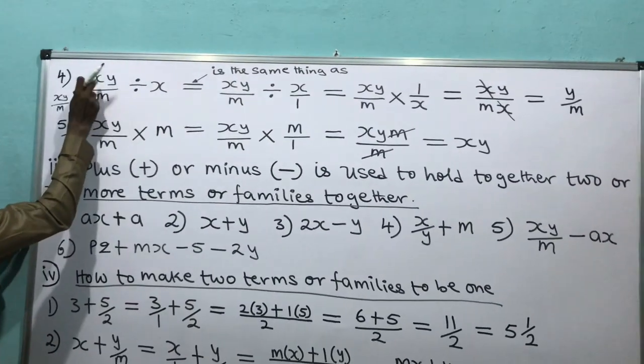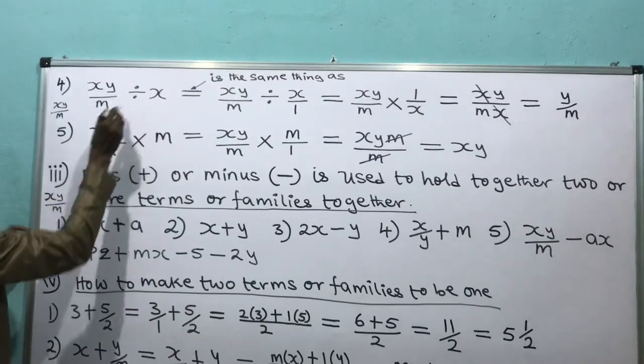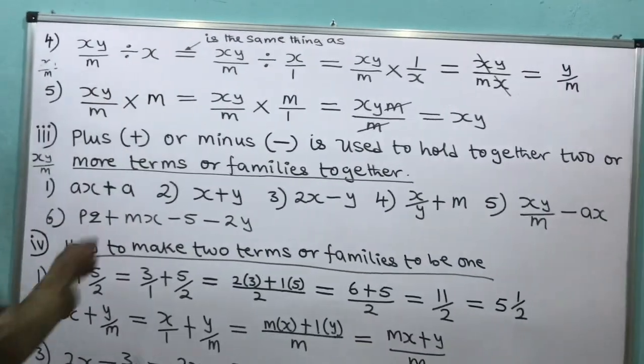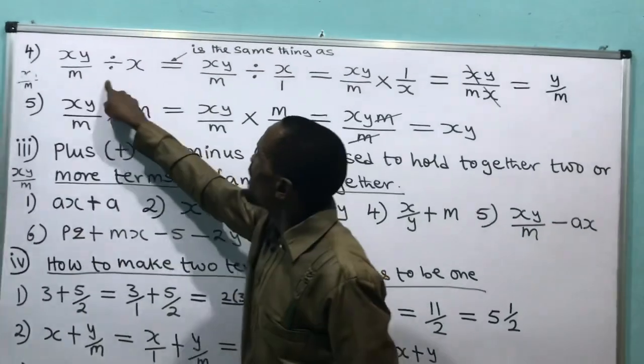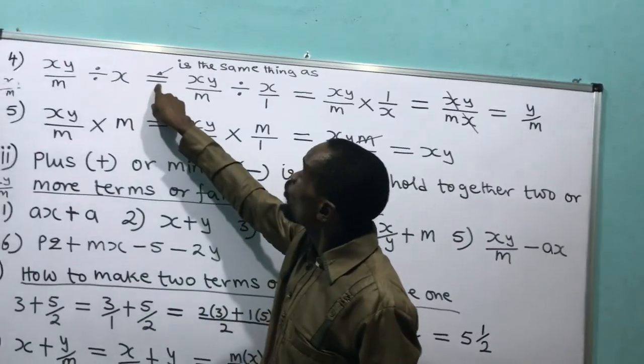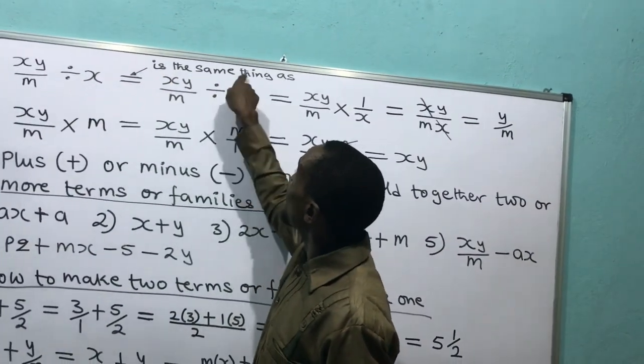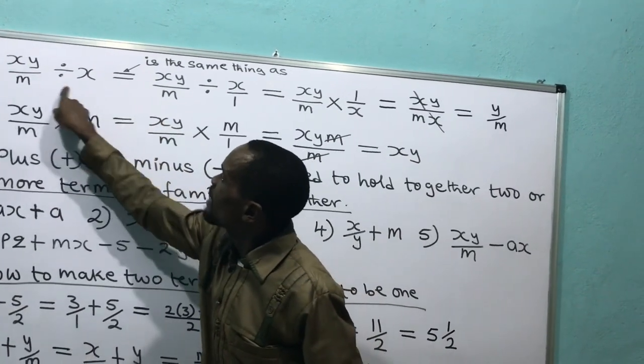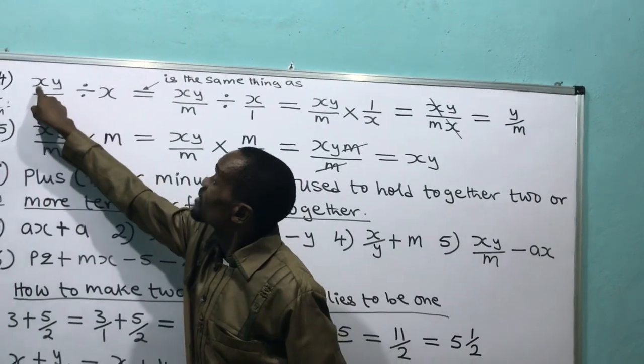I want to remove X from this family. I have to divide it by X. And when I have divided it by X, this thing I did here is the same. This equal to sign means it is the same thing as. This thing I write like this. I want to remove X from this family.